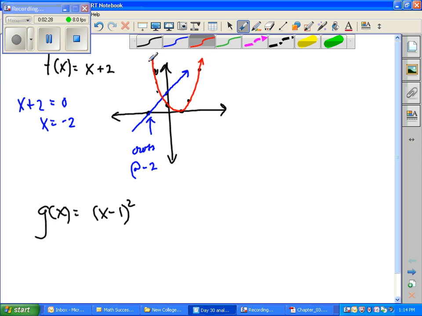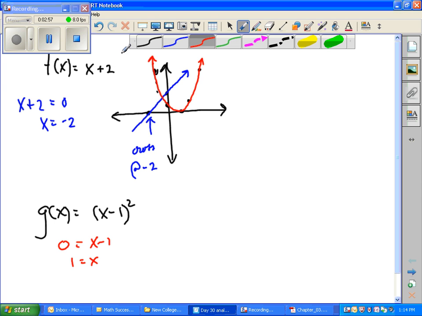Note with me that because the zero has a multiplicity of 2, as we discussed in class before, it'll bounce off the x-axis. Anytime you have an even multiplicity, it bounces off. And where does it actually touch down? At x equals 1, because when will y equal 0? When x equals 1. So that's our root, and it has a multiplicity of 2.